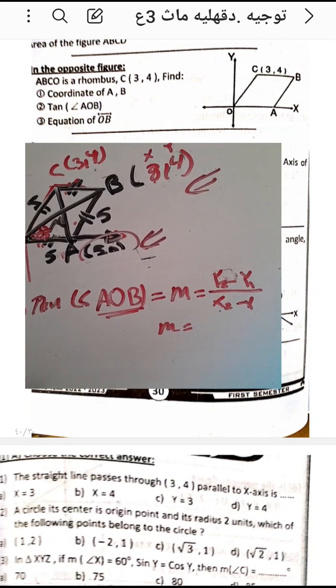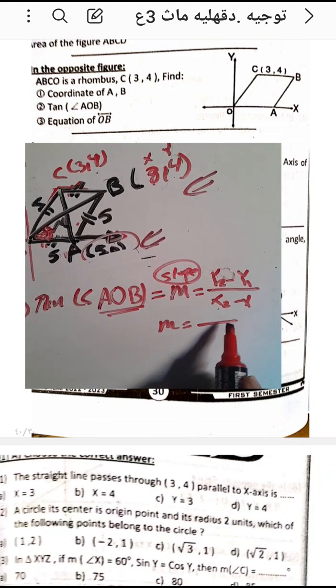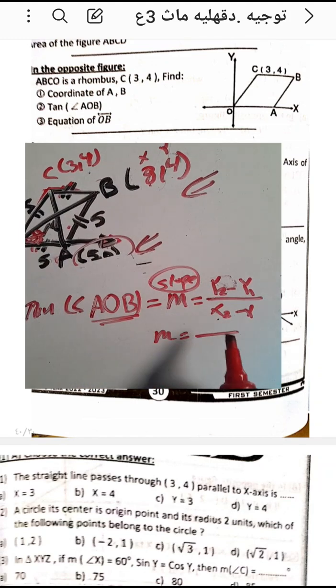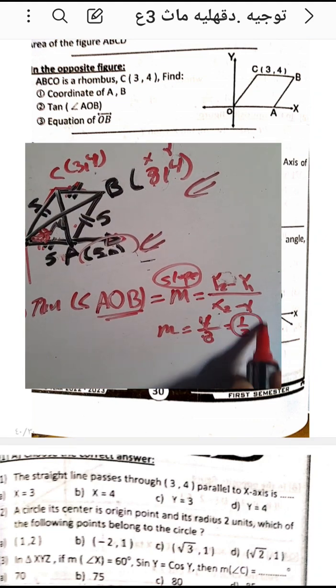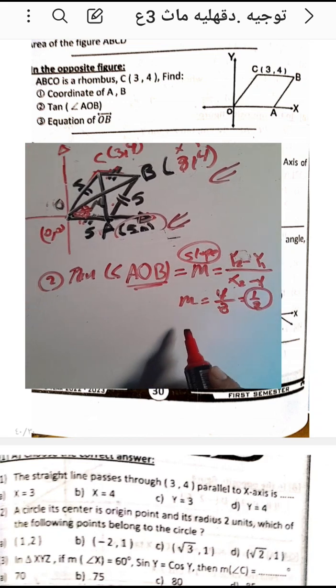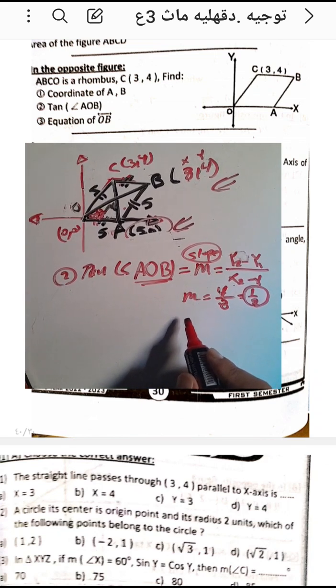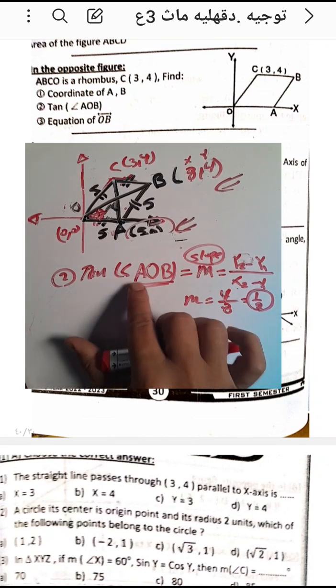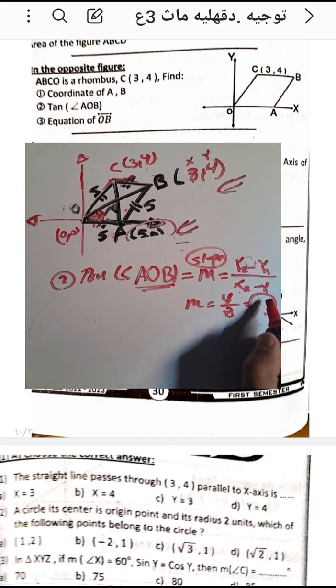Tan means the slope: y2 minus y1 over x2 minus x1. 4 minus 0 is 4, and 8 minus 0 is 8. Then the result will be half. Tan of this angle, meaning the slope, equals half, 1 over 2.